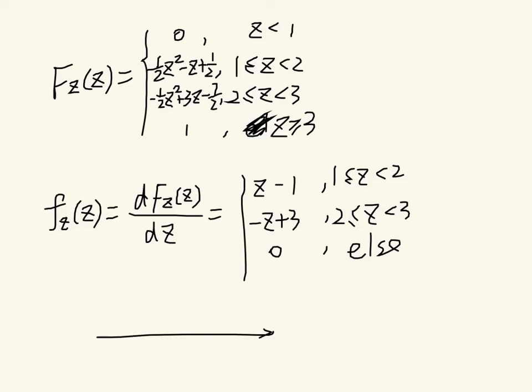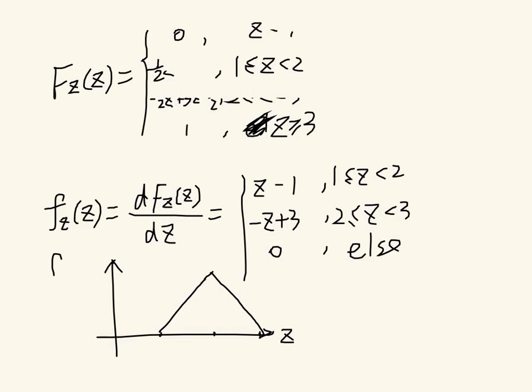This is totally the same with the former result, where we used the convolution method. This is z, f of z. This is 1, 2, 3. Okay, that's finished.